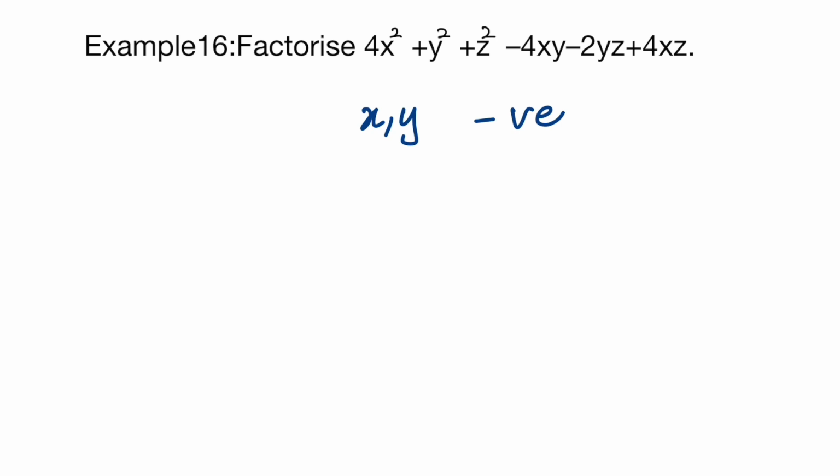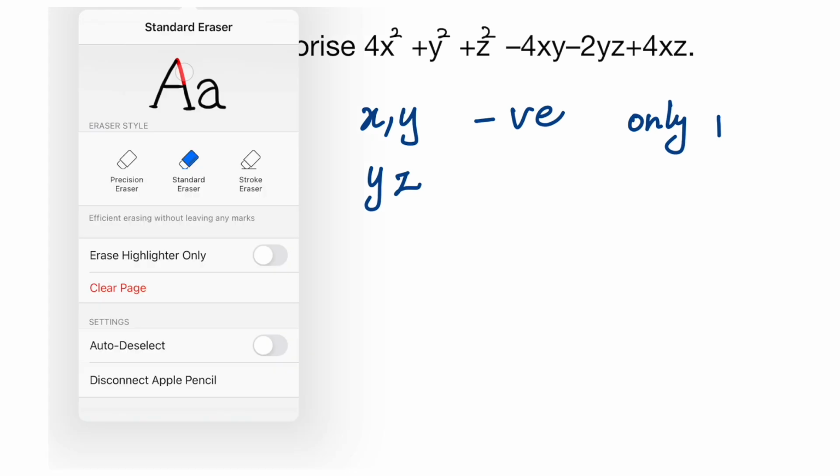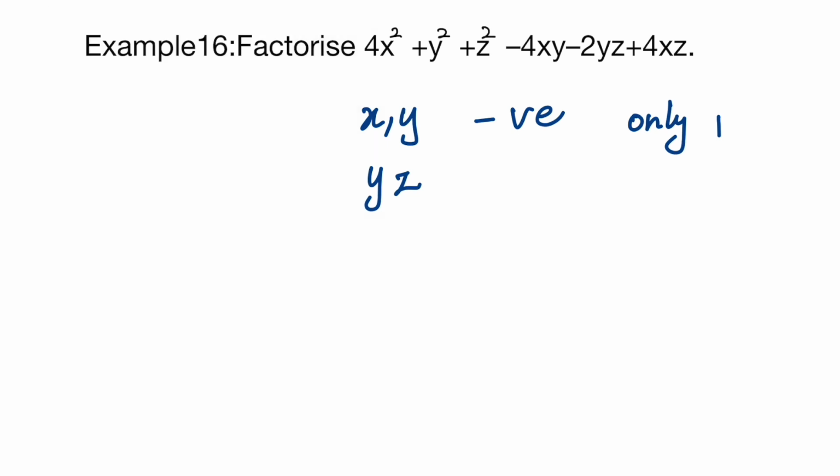And then we have this yz term, and that is also a negative term, so only one should be negative. Now in these two terms y is the common factor, and in these two terms only one should be negative, so you can say that y is a negative number.